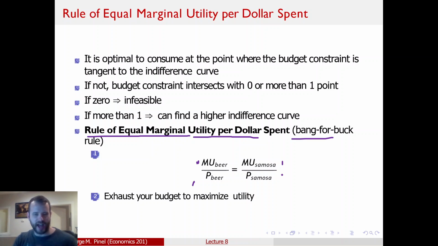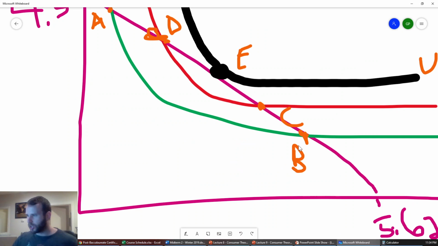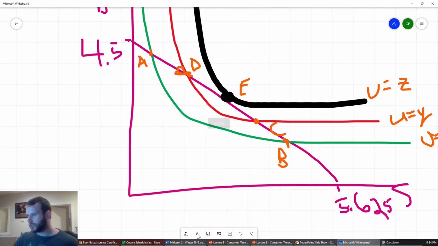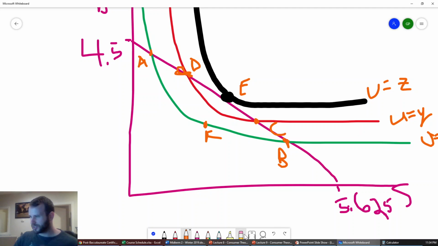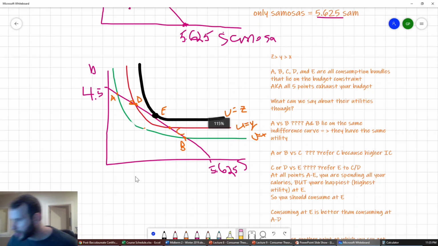And then the other part of that is you got to exhaust your budget constraint, right? So technically speaking, if I had a point here, let's call this F. I cannot write to save my life. Let's draw it differently.